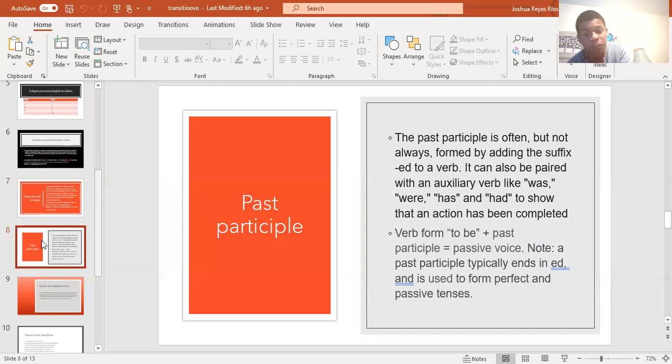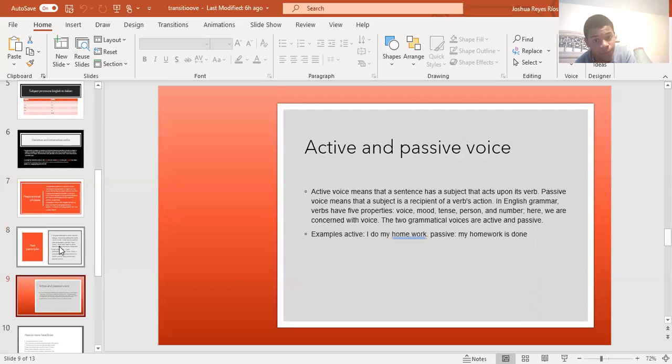Verb form to be plus past participle equals passive voice. No, a past participle typically ends in ed and is used for perfect and passive tenses. Still, not true. You don't really need one to make a past participle.